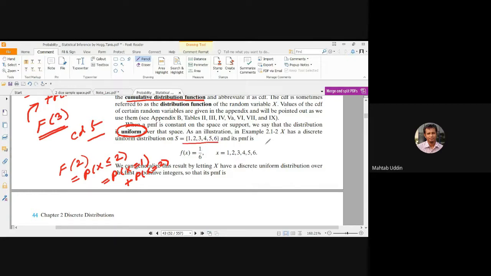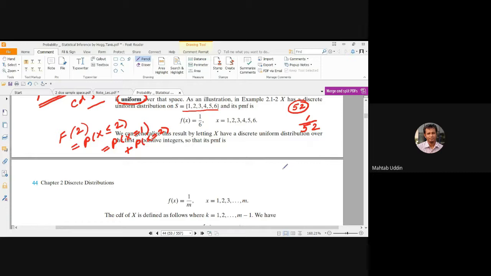In a deck of playing cards there are 52 outcomes, so each card has probability 1 by 52. In a coin there are 2 outcomes, so each side has probability half. So if there are m outcomes, the probability will be 1 by m.